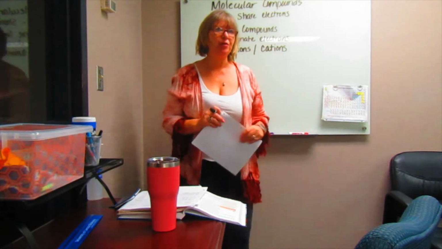So just a quick recap of what we've covered so far in this video. We've talked about molecular compounds, ionic compounds, polyatomic ions, and how to identify the number of atoms or molecules in a compound. What we're going to get into now is writing formulas for compounds, okay?